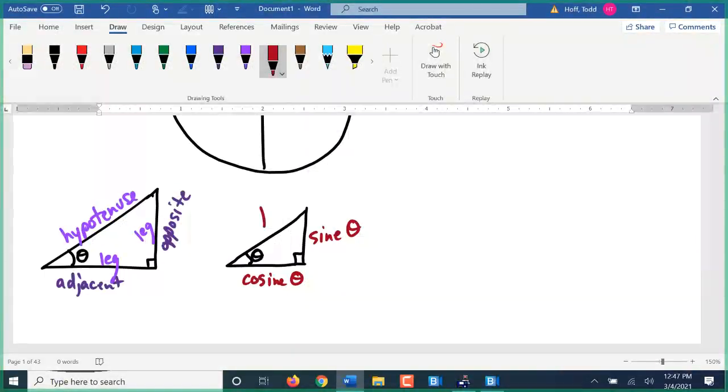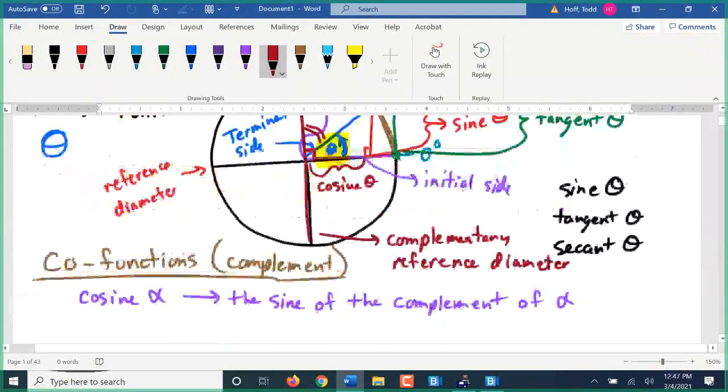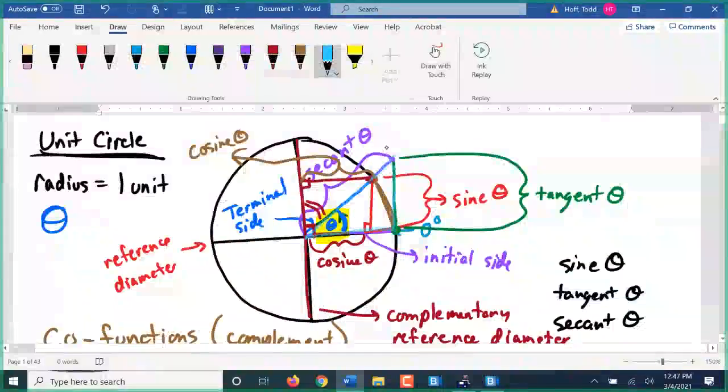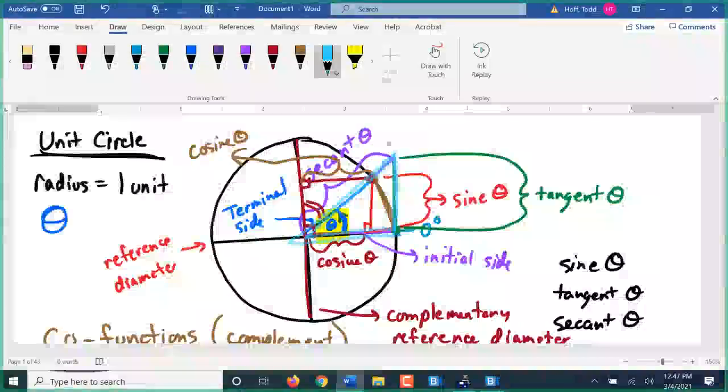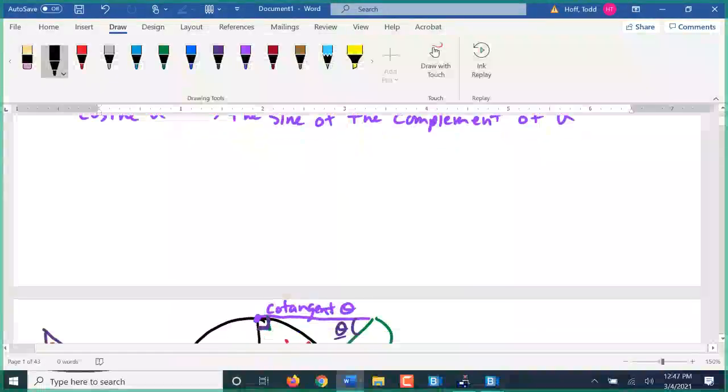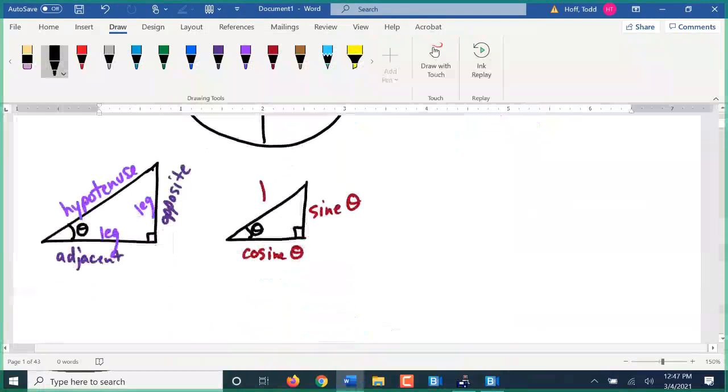One more triangle I want to draw out. Actually, there's going to be a couple more, but I want to draw out this bigger triangle here, the one that uses the secant and the tangent out there. That triangle, if I draw it out, so this is still theta here.